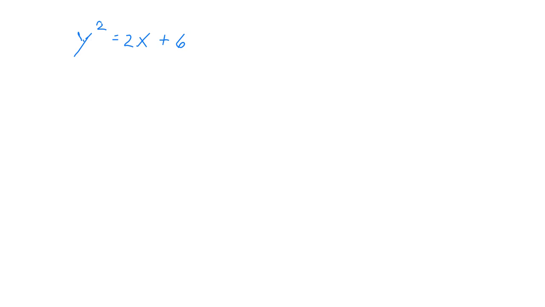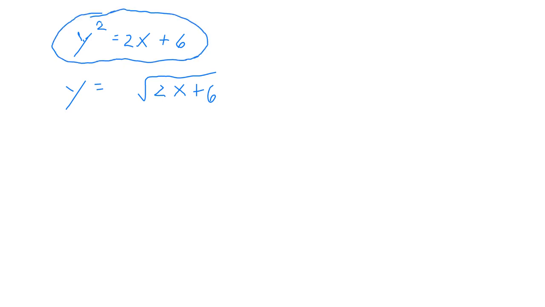Is y equal to just the square root of 2x plus 6? What I'm asking is, how am I going to graph this parabola? Right, good, Renan. I'm going to take the square root and get y equals plus or minus the square root of 2x plus 6.